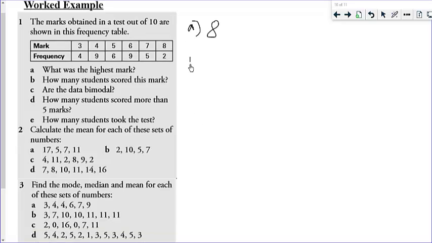Then B. How many students scored this mark? So the frequency. So it's 2 students. Then is the data bimodal? Yes, we have 2 modes, 4 and 6. So the data is bimodal.